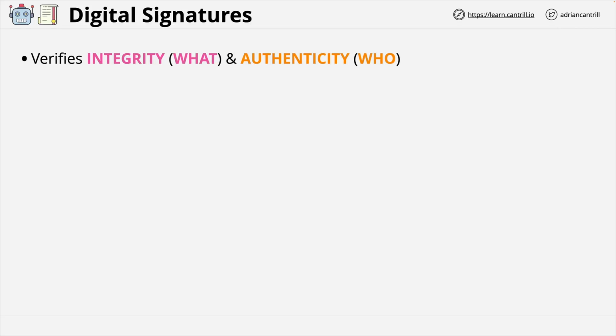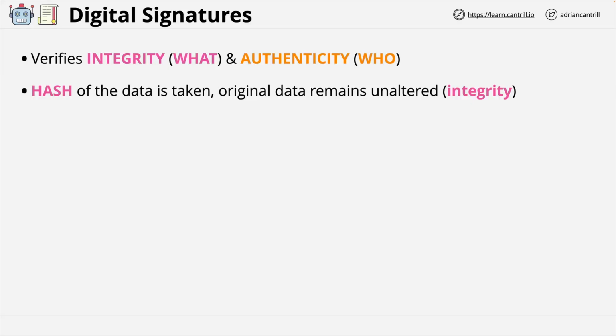Nobody can falsify data as being from Bob, and nobody can alter the data without you being able to tell. Now, a key part of this process is that it's layered on top of normal usage. So if somebody doesn't care about integrity or authenticity, they can access data as normal without any of these checks. And to enable that, the first step is to take a hash of the data that you're going to be validating. The original data remains unchanged in plain text or whatever its original format is.